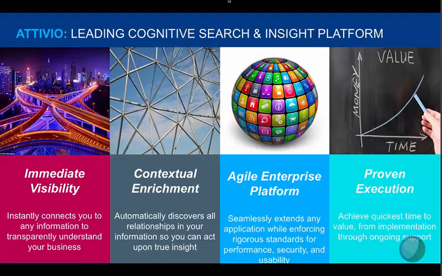Those are just a sampling of the types of capabilities and applications that clients of Attivio have deployed over the course of the past 10 years. And then finally, proven execution, so really increasing that hockey stick growth, as it were, in terms of time to money and time to value. So ensuring that when you're deploying Attivio, you're rapidly building out applications, and not just a single application, but multiple applications based off of that single unified index.